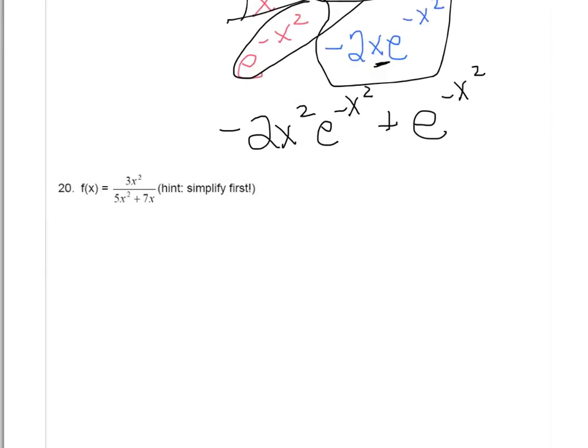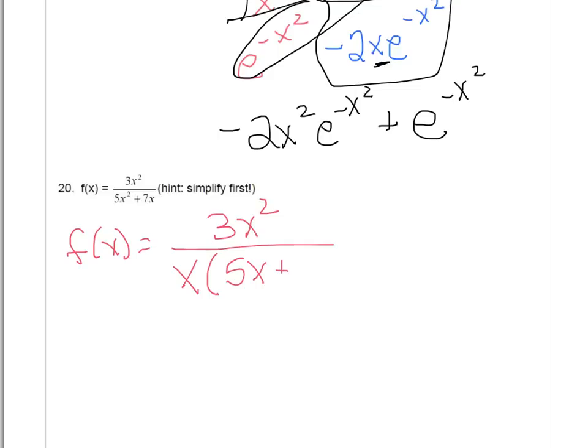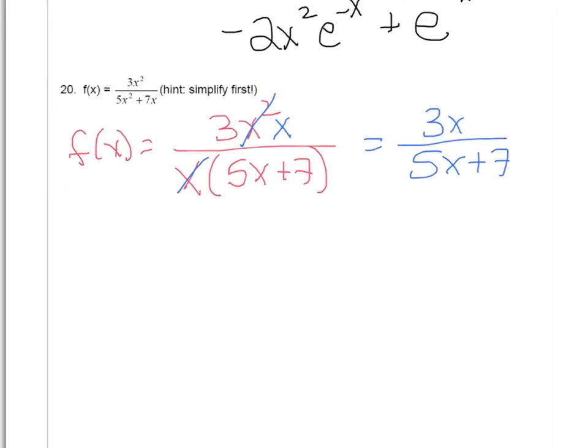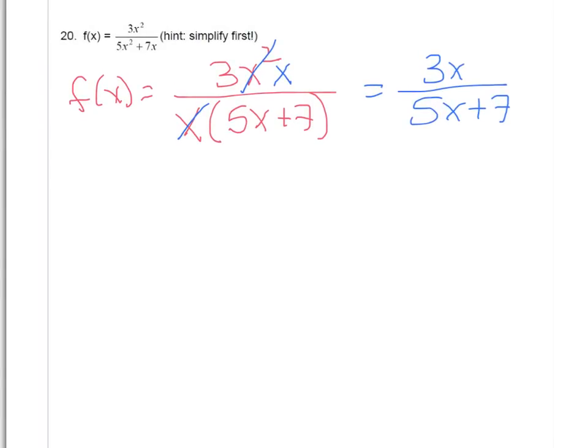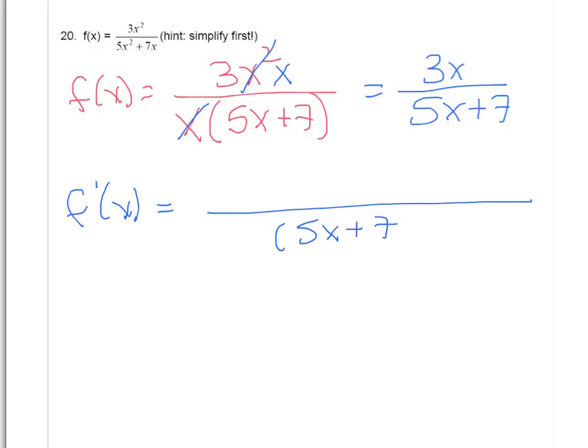Okay, so now for number 20, the denominator has a greatest common factor. So in the denominator, if I factor out an x, I can then simplify, and we're left with 3x divided by 5x plus 7. Now it makes doing the quotient rule a bit easier. So the quotient rule is the denominator times itself in the denominator.